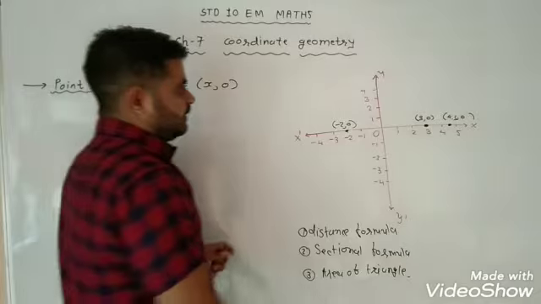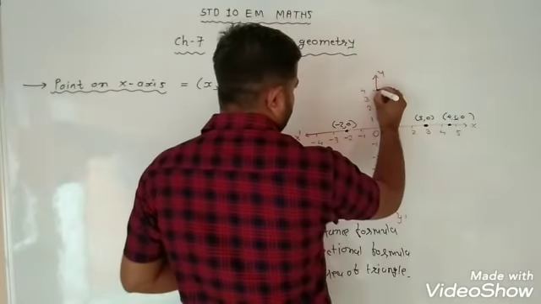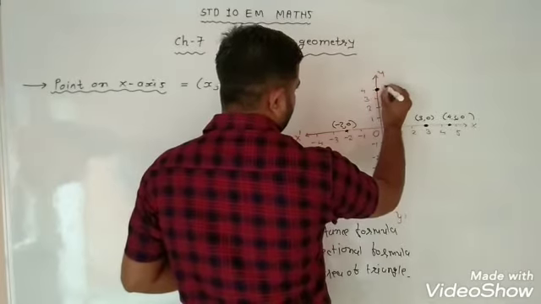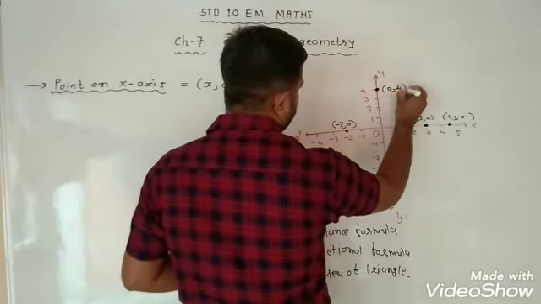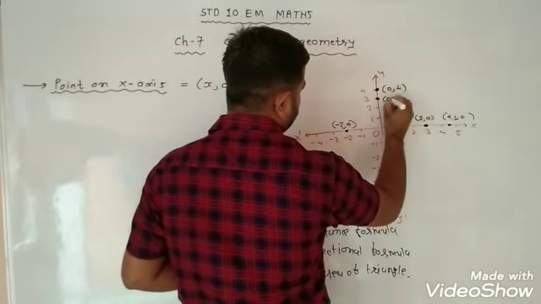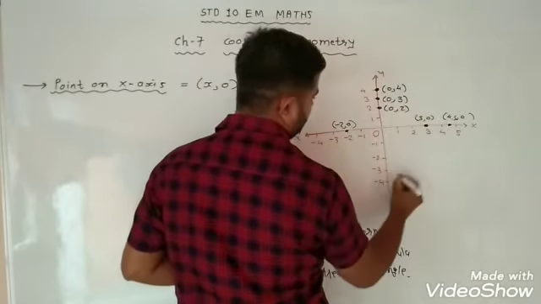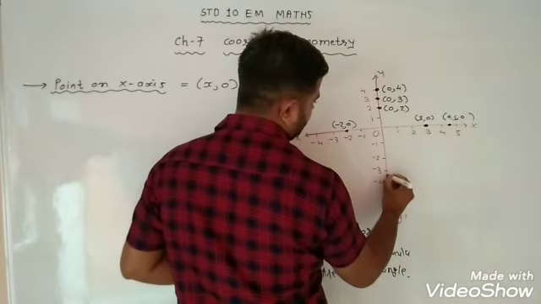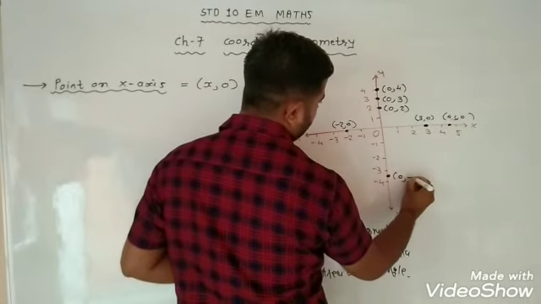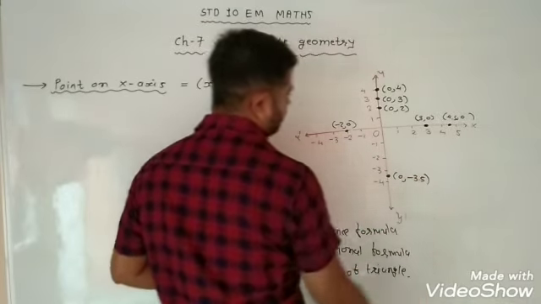Now what about the y-axis? Suppose we take this point, then what is the coordinate of this point? 0, 4. The coordinate of this point is 0, 3, and the coordinate of this point is 0, 2. Suppose we take this point, then the coordinate of this point is 0 and minus 3.5.